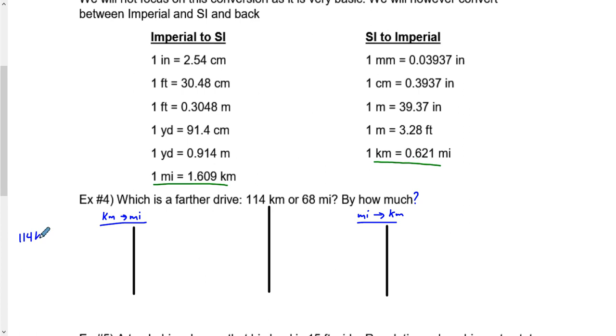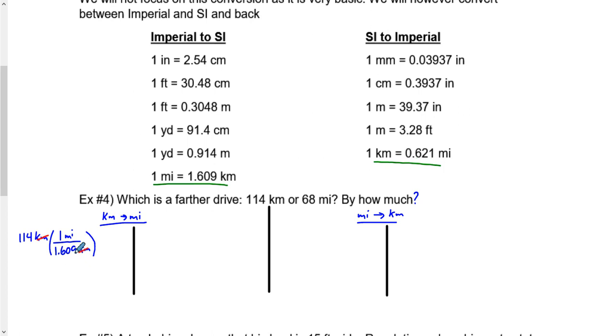If we convert 114 kilometers into miles, I could use this conversion, that 1 mile is 1.609 kilometers. That allows me to cancel off my kilometers because one's in the numerator, one's in the denominator. 114 multiplied by 1 would obviously be 114.